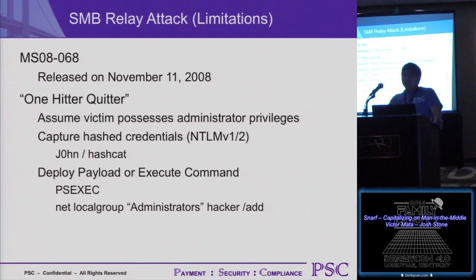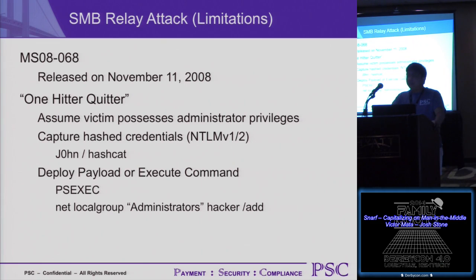As I said previously, there are limitations with the SMB relay attack that make it not as effective a solution for compromising the network, and I'll show you why. First off, there's MS08-068, which was released in November 2008.